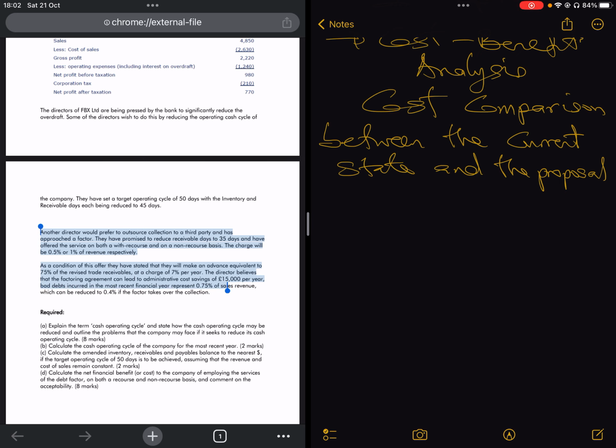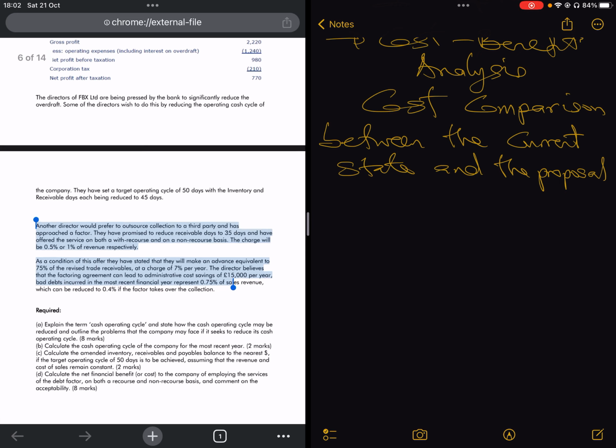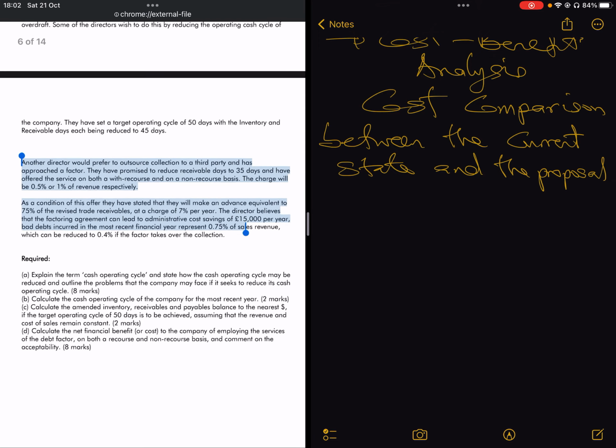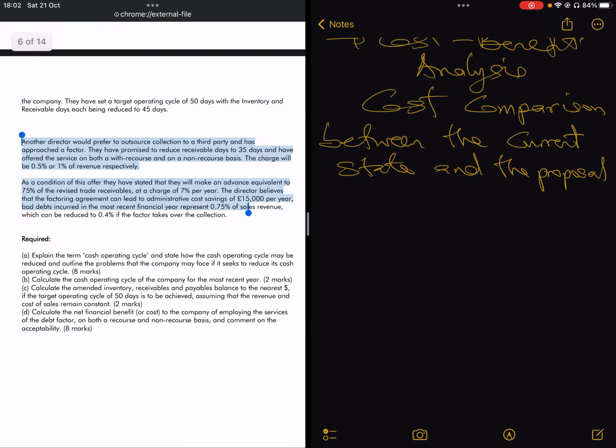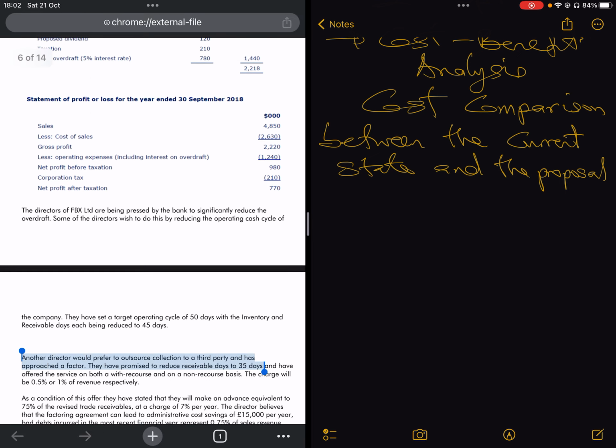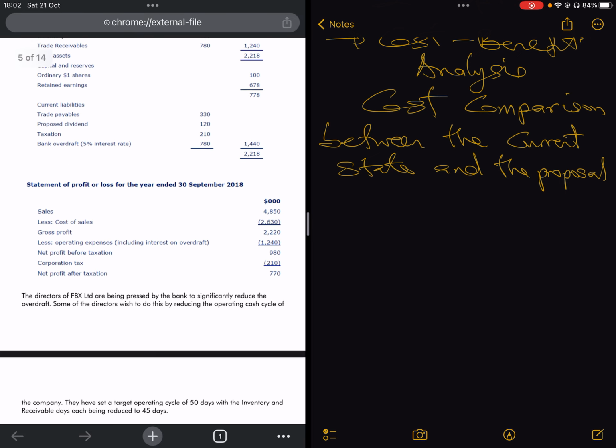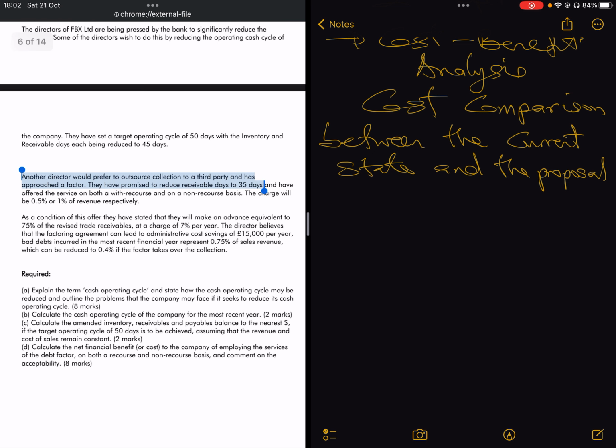Another director would prefer to outsource collection to a third party and has approached a factor. They have promised to reduce receivable days to 35 days. The receivable days that used to be, when we calculated it last time, about 60 days or so.